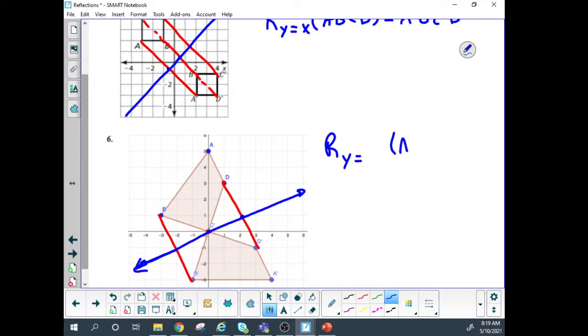Again, we could say ABCD goes to A'B'C'D'. What is that line of reflection? So I'm just looking for the line of reflection. Don't worry about the coordinate rule here. If you come up with a coordinate rule, tell me. It's super tricky.